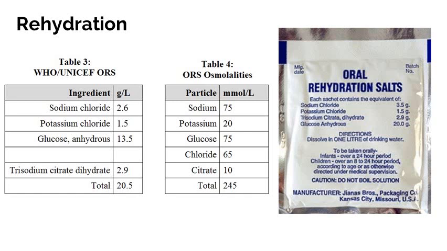Basically, you take this already prepared electrolyte and glucose solution and dissolve it into 1 liter. Above the directions, it says that each packet contains the equivalent of sodium chloride, potassium chloride, trisodium citrate, and glucose anhydrous. That will give you a sense of what electrolytes and glucose are being repleted. This table over here repeats those ingredients, and gives the grams per liter that is ideal for rehydration.